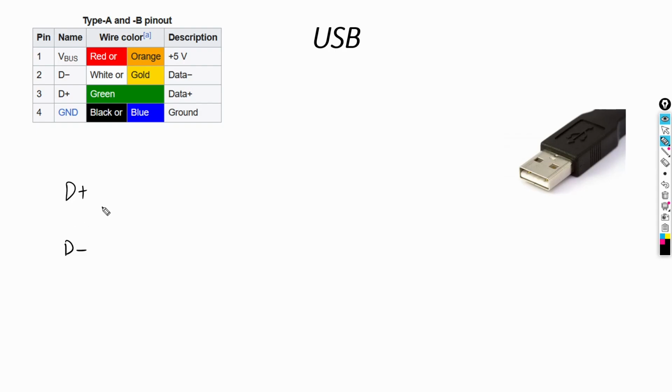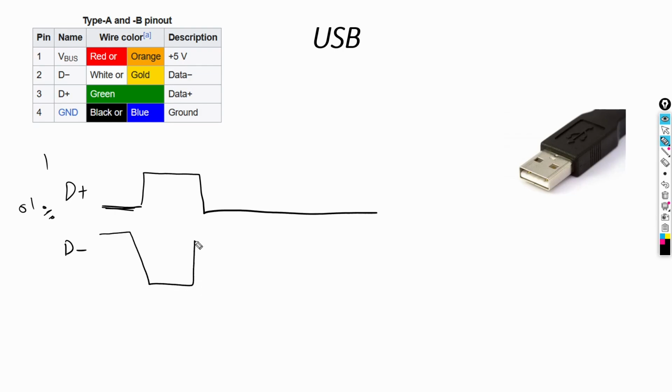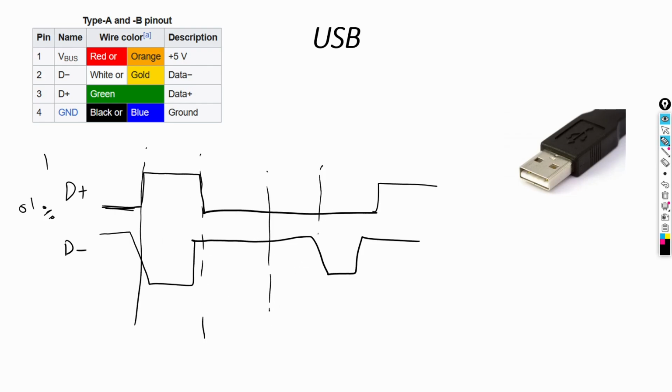Now based on this data plus and data minus, each is a single pin, which means it can have either 0 or 1. If it is 0 volts, it is 0; if it is 5 volts, it is 1. And this is differential. Now based on the position of D plus and D minus, we have certain symbols.